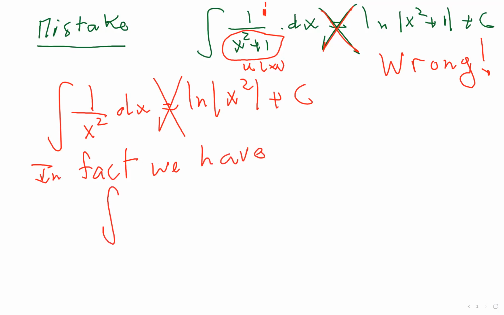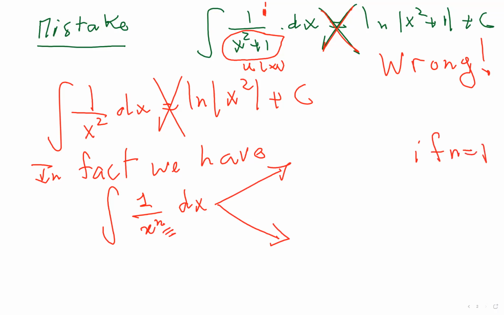The integral of 1 over x to the n dx will give rise to two possibilities, depending on this number n. If n is equal to 1, it's the antiderivative of 1 over x, and this gives ln of the absolute value of x plus c.